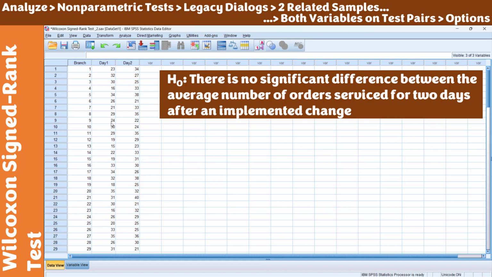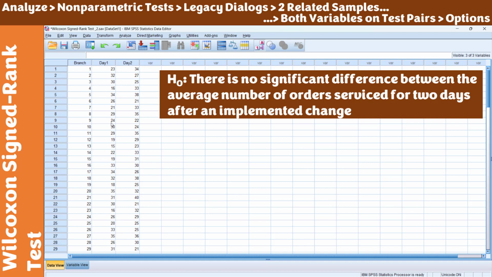Or let's just say day 1 and day 2 after an implemented change on the specific rush hour 11 to 12. Let's just pick rush hour so that the purpose of testing difference will actually be beneficial for the said fast food company.